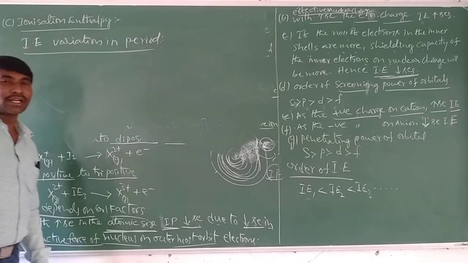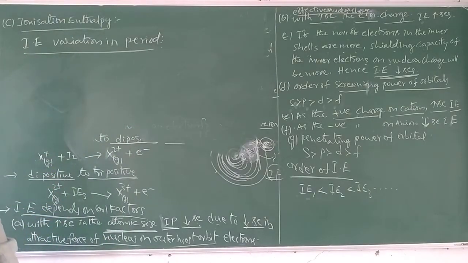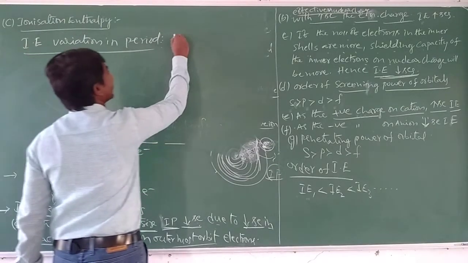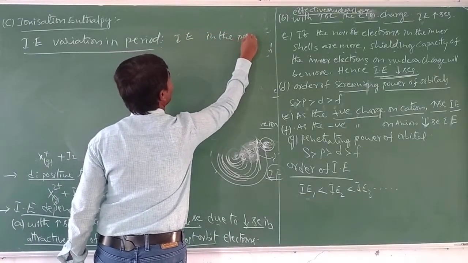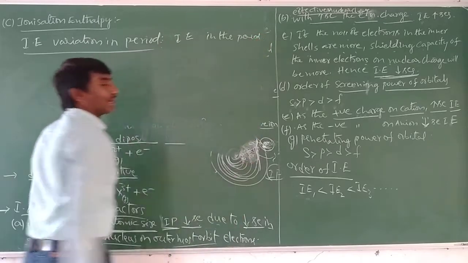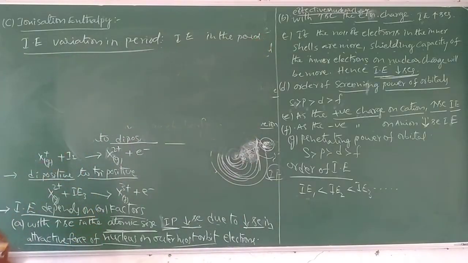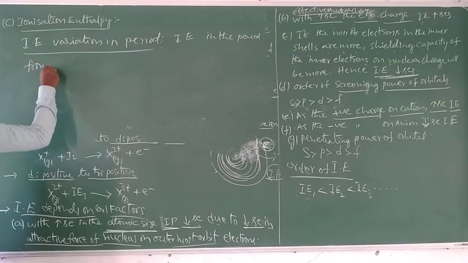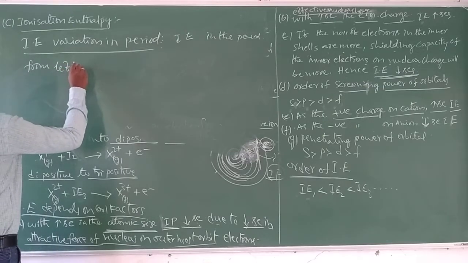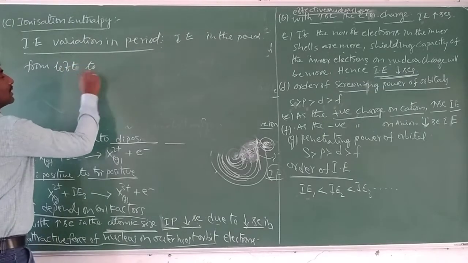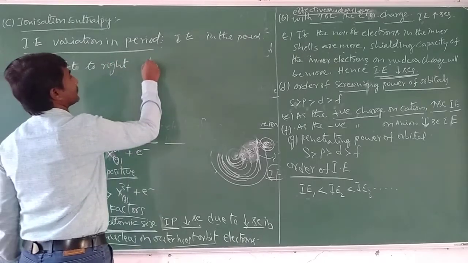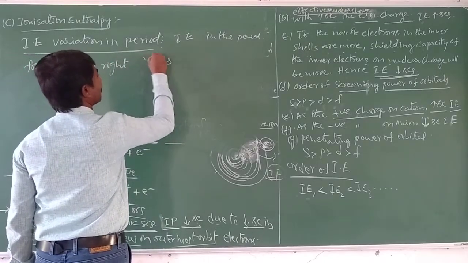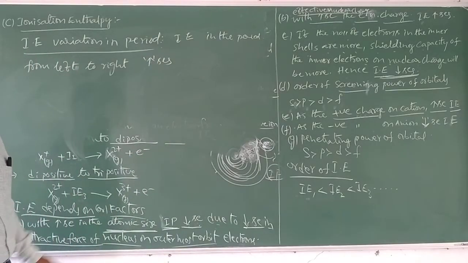So in the period, what happened from left to right? Ionization enthalpy increases from left to right. Why?